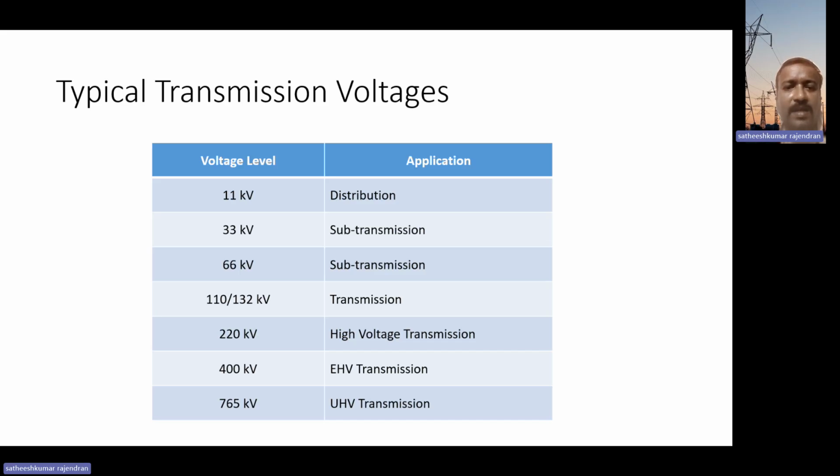The next level is high voltage transmission, that is 220 kV, then extra high voltage transmission 400 kilovolt, and then ultra high voltage transmission is 765 kilovolt. So these are the various levels of transmission voltages, starting from distribution to UHV transmission. These are the basic transmission voltages and voltage levels used in transmission and distribution.